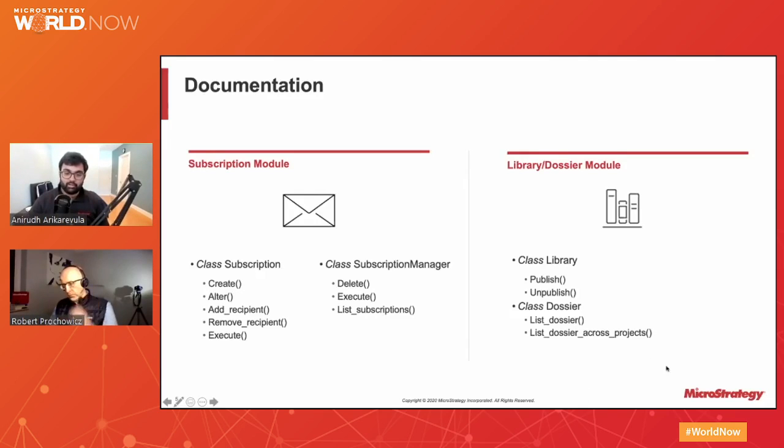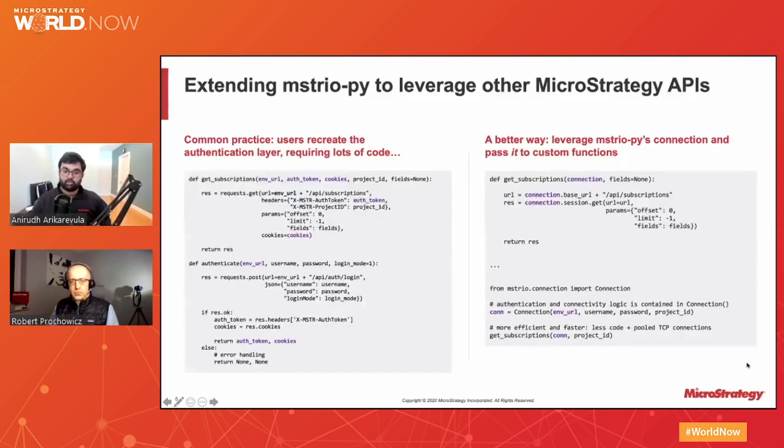So the next thing I wanted to talk about was how to leverage other REST APIs with the Mysterio package. As you may have seen in the day one Python for automation session, we don't cover all of the REST APIs within the Mysterio package.